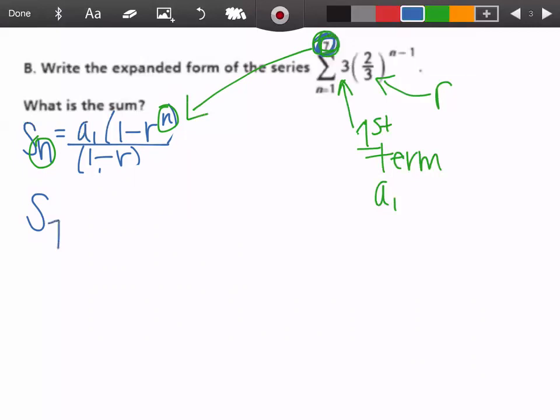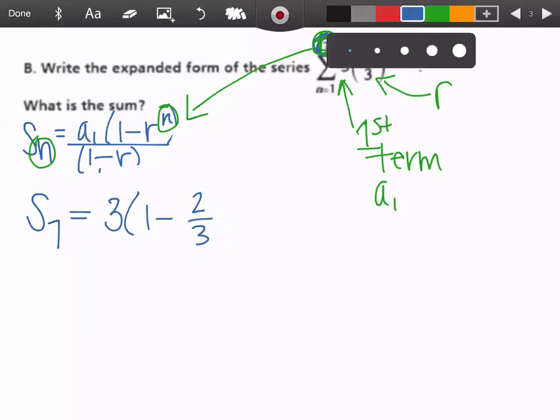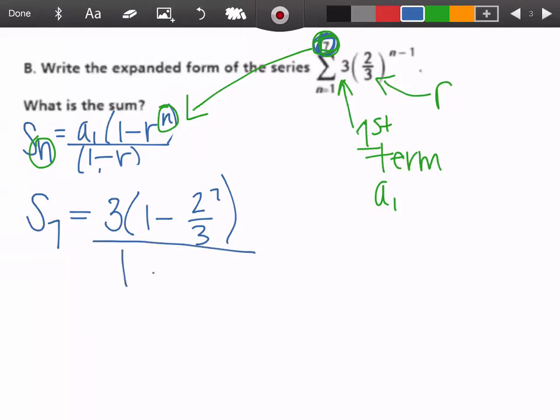So you have s sub 7 is equal to the first term, which is 3, times 1 minus the common ratio, 2/3, raised to the 7th power, all over 1 minus the common ratio.